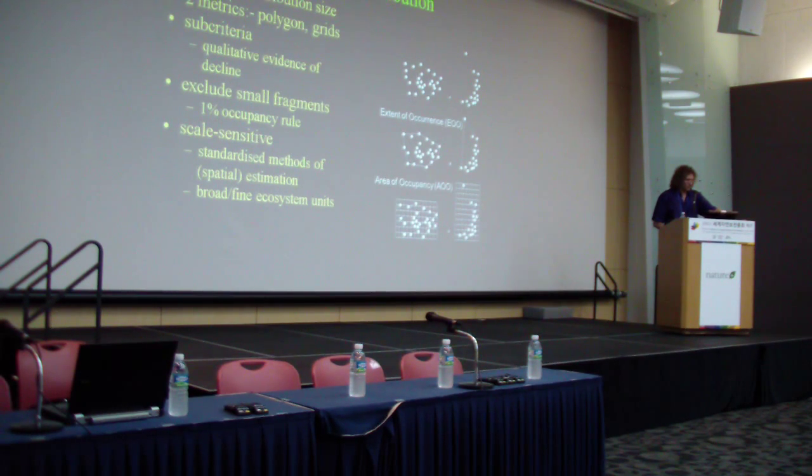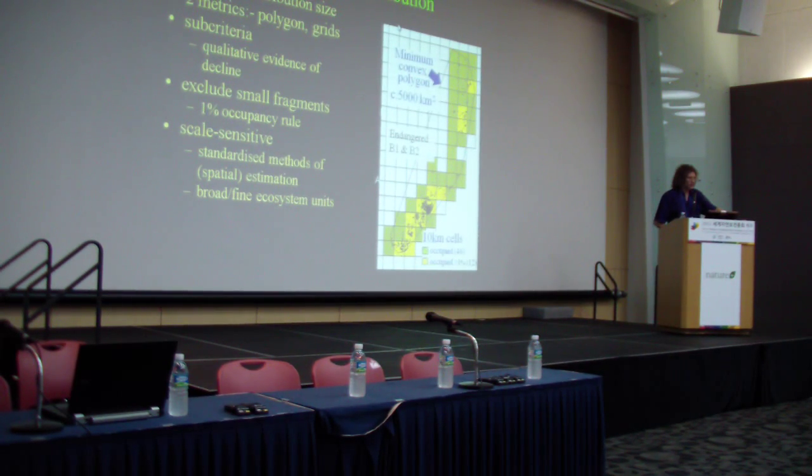We take account of fragmented occurrences by excluding them from the count of the number of grids that are occupied.